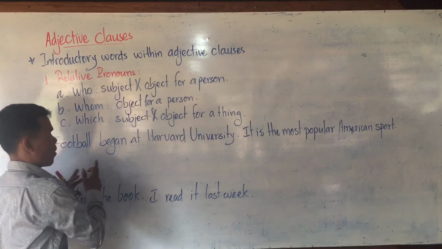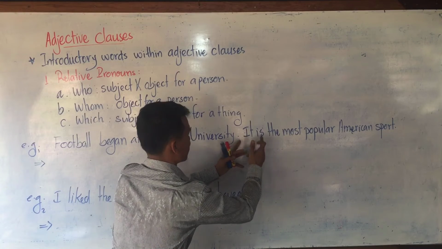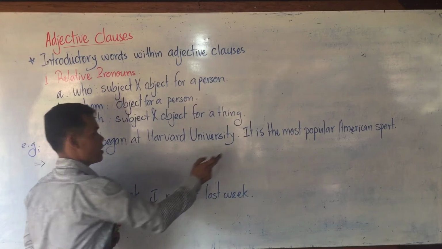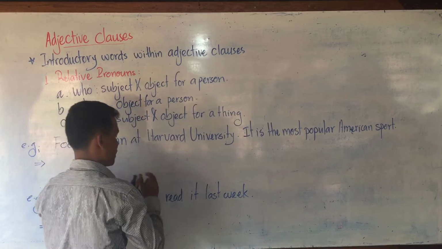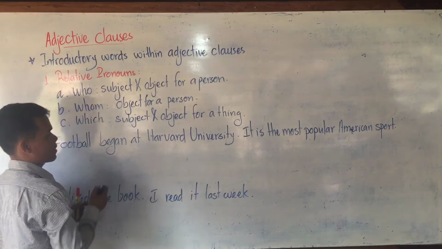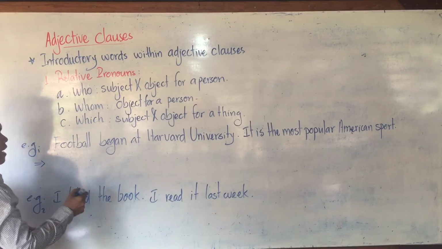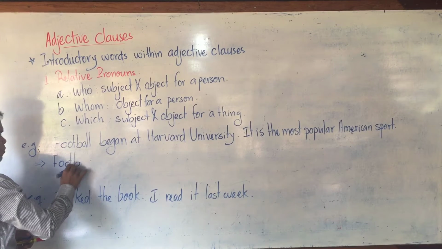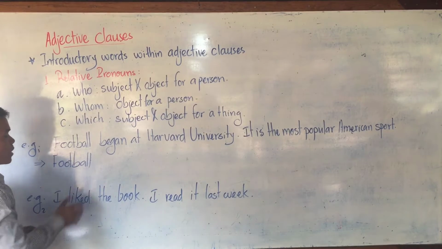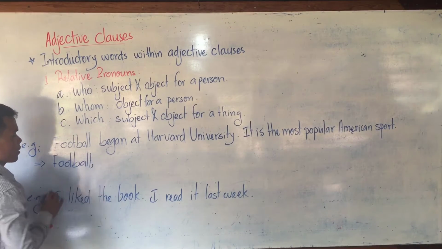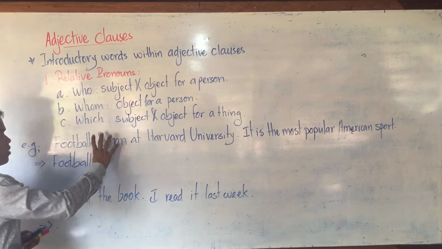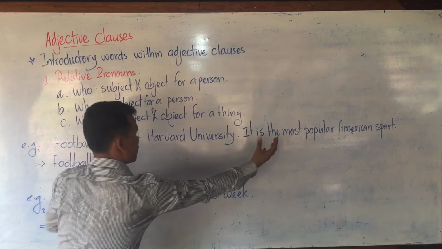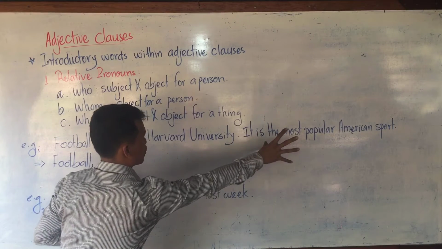Football, and in the second sentence we have it. It here is a noun phrase as well. Football and it are the same thing. That's why we use football as an antecedent or head noun. We can write like this. Football is a proper noun, that's why we can use a comma. It is a non-defining relative clause. The verb phrase predicate, from began to the university, you can take it away and then insert it in the spot here.